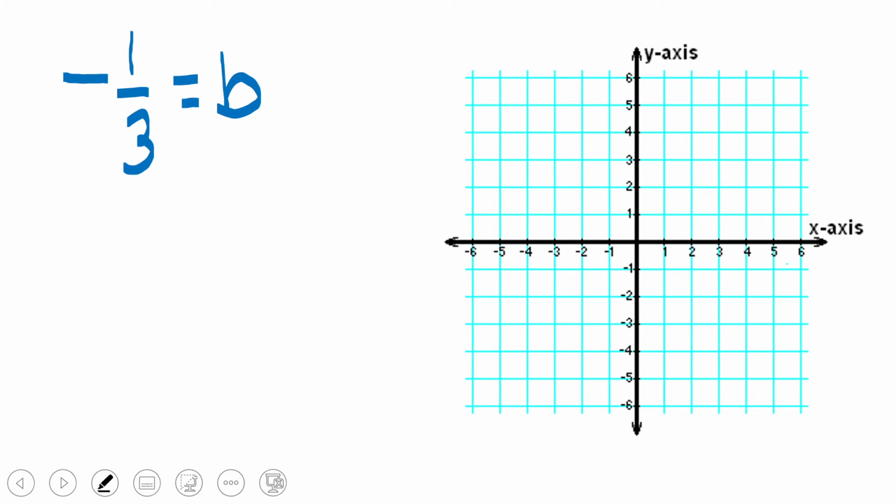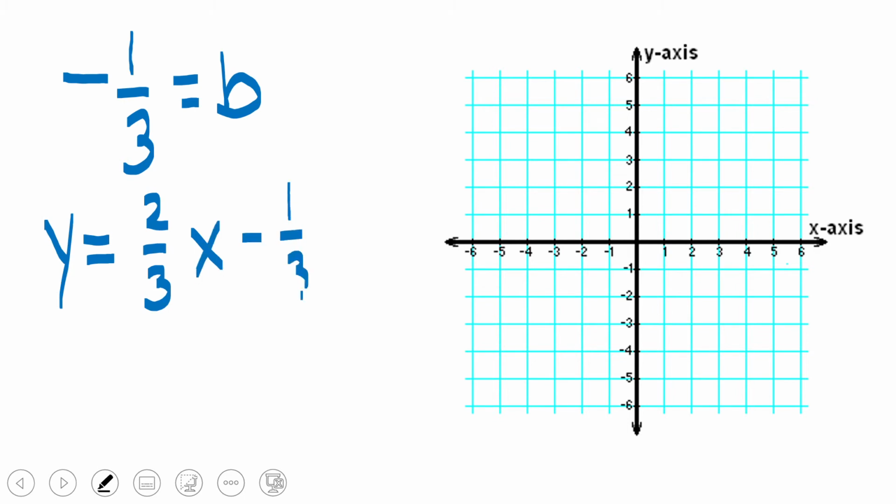So now whatever our x's and y's are, we can choose any plotted point, and we have a lot of information in the slope-intercept form from the original problem to graph. So negative 1/3 is our y-intercept.